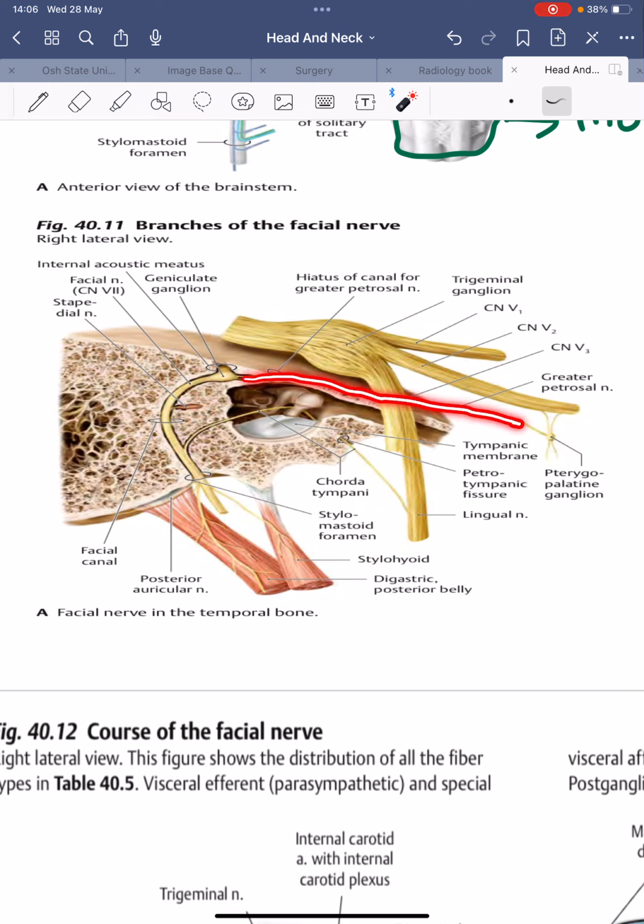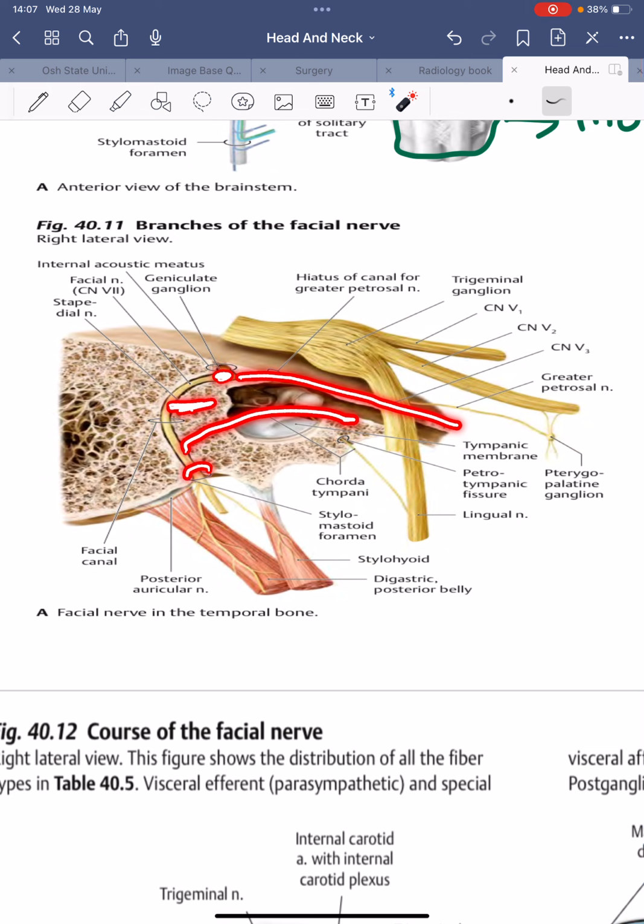This is your which nerve? Greater petrosal nerve. Sorry, this is your greater petrosal nerve. This is your stapedius nerve, and this is one more branch here, that is the chorda tympani. See here, geniculate ganglion, then 3 branches: greater petrosal nerve, nerve to the stapedius, and chorda tympani nerve.